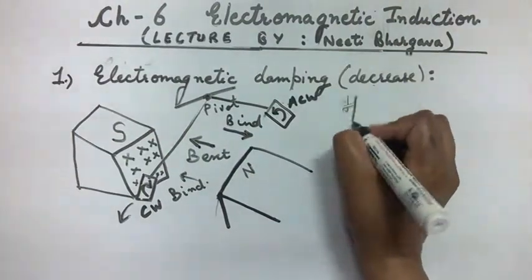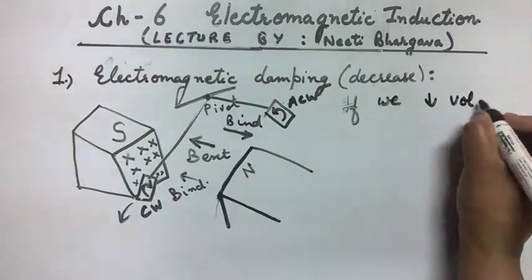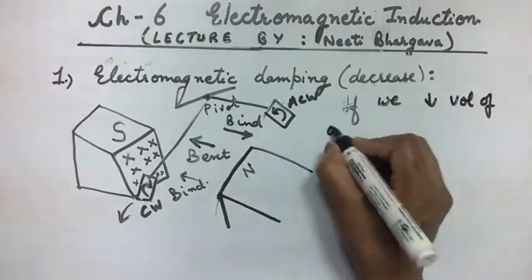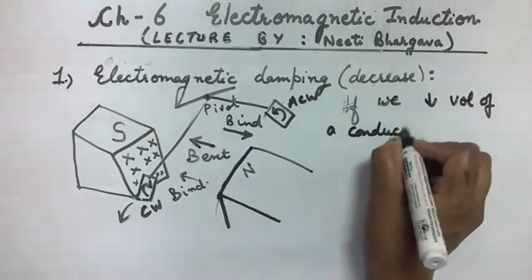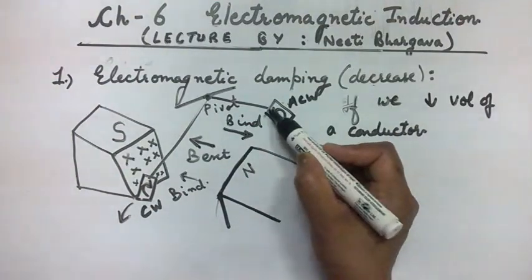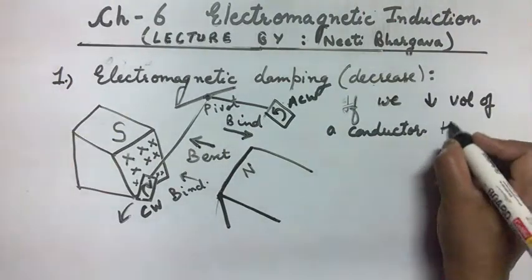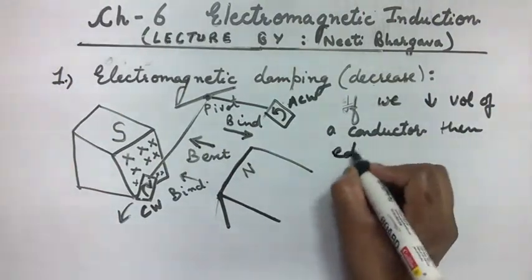If we decrease the volume of the conductor by cutting this metallic plate into slots, then eddy currents will decrease.